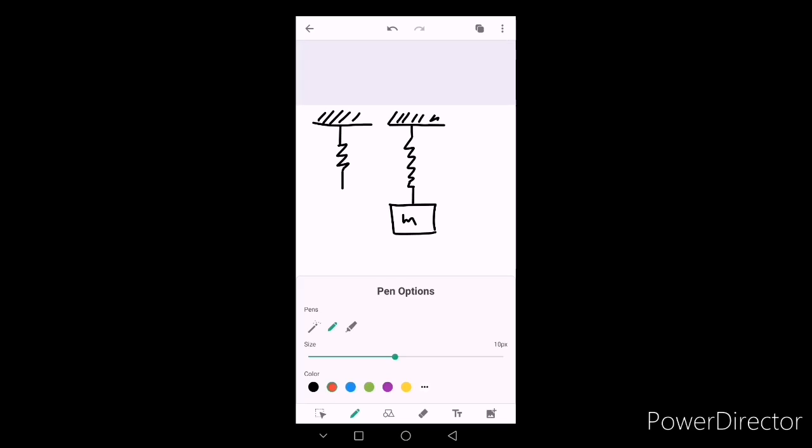So from this position down to this position, we have the elongation, which you could call delta.